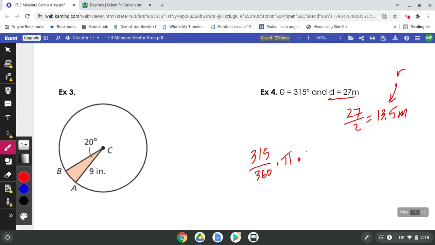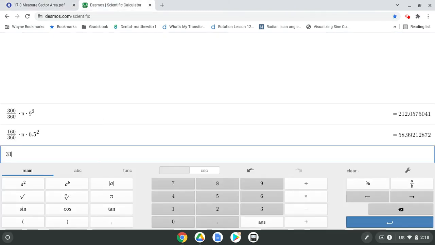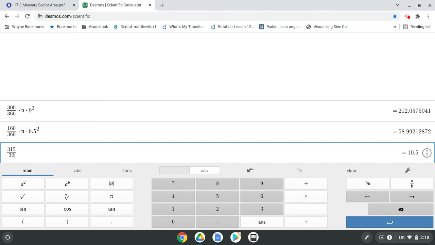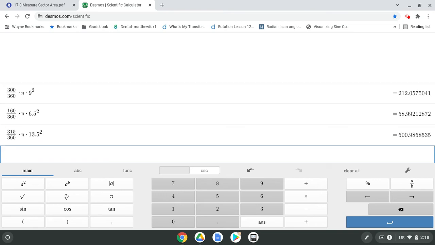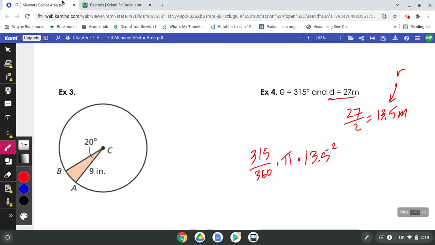So we put 13.5 squared, and if we do 315 divided by 360 times pi times 13.5 raised to the second, we get 500.98. So we round to 501.0. Once again, it is area, so meters squared, and that is our answer.